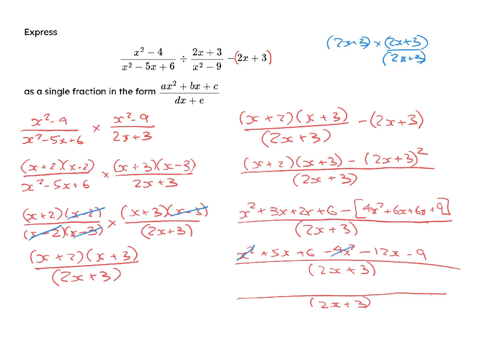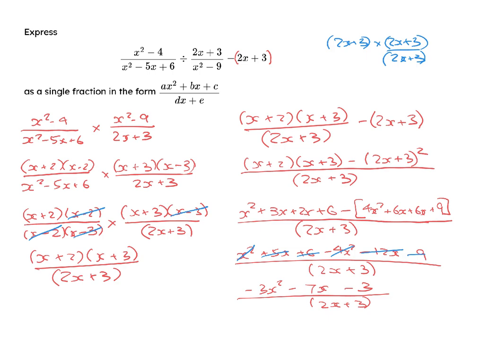Well, that's going to give me minus 3x squared. Then I've got 5x minus 12x, so that's going to be minus 7x. And then I've got 6 minus 9, which is minus 3. I've crossed them out, but I can still clearly see what I've done, which is good for the examiner to see what my process was.